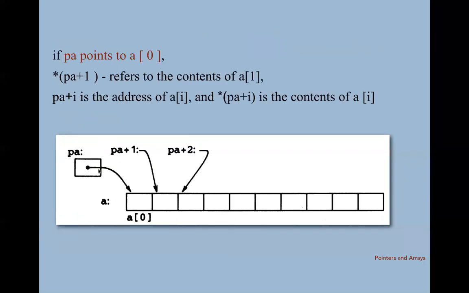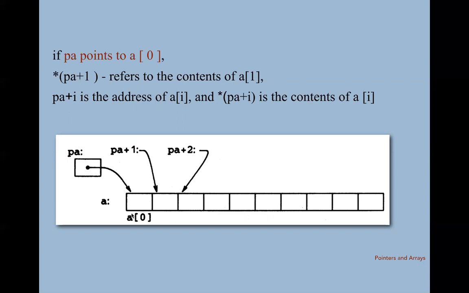Now if PA points to array element 0, then PA plus 1 points to array element A of 1. PA plus 2 points to array element A of 2, and so on. Yes, please understand this. So PA is going to be the address of A of 0. Okay, so say for example, A is an integer array.